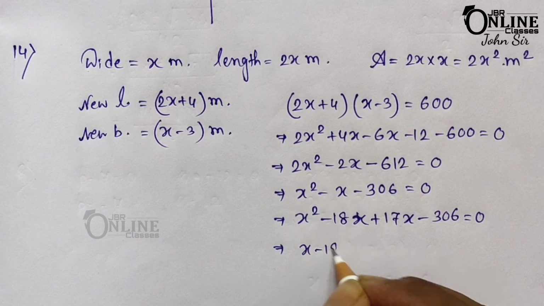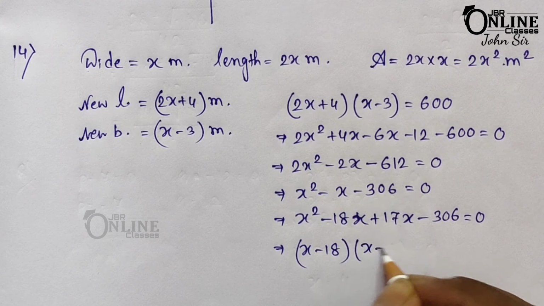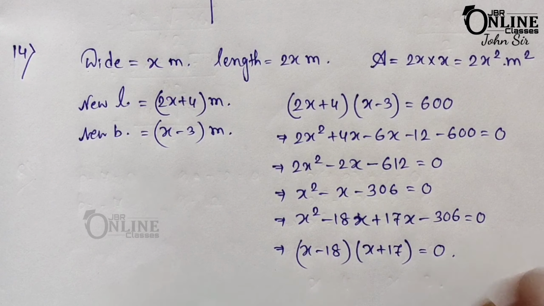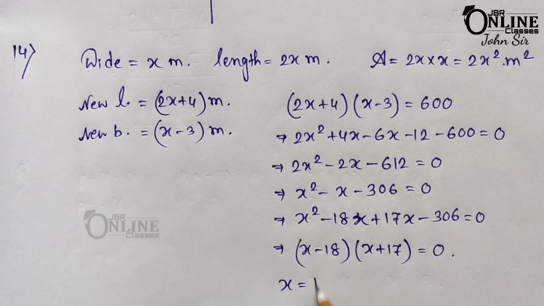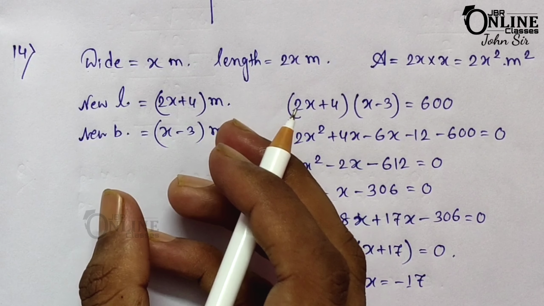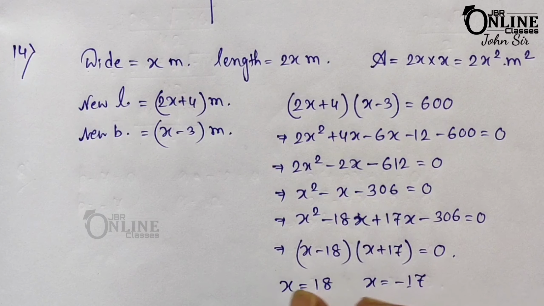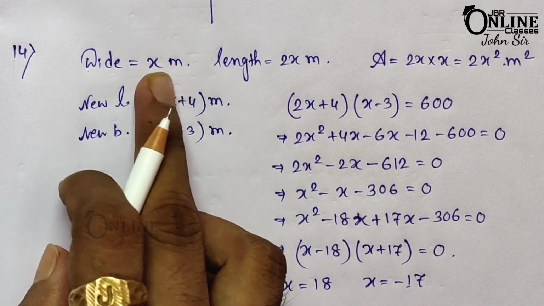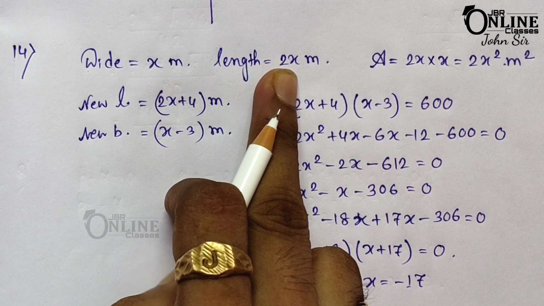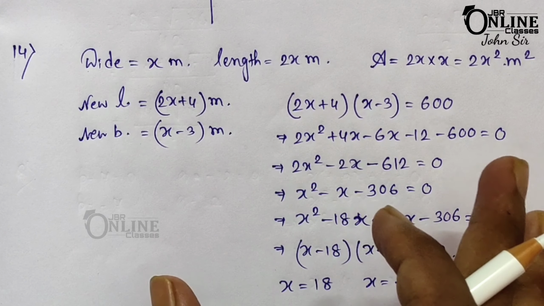So the factors are x minus 18 and x plus 17. So either x equal to 18 or x equal to minus 17. As x means the breadth of the rectangle, it is always positive. So here the breadth equal to 18 and length equal to 18 into 2, that equal to 36.